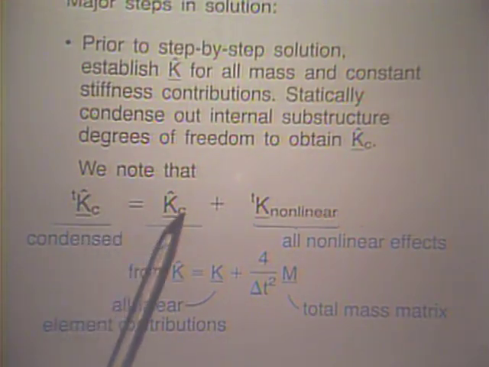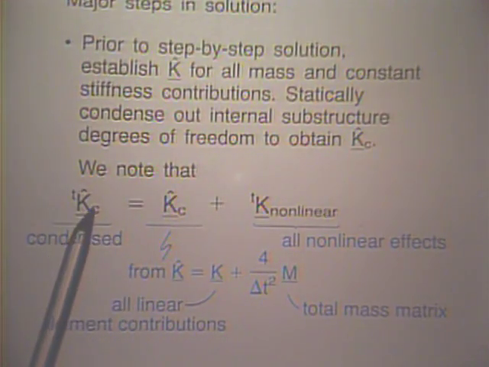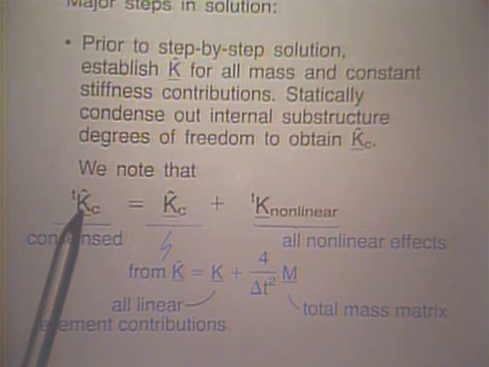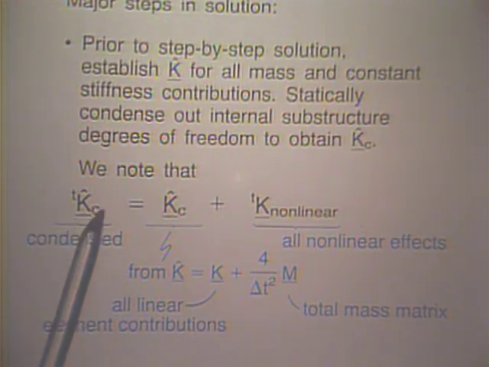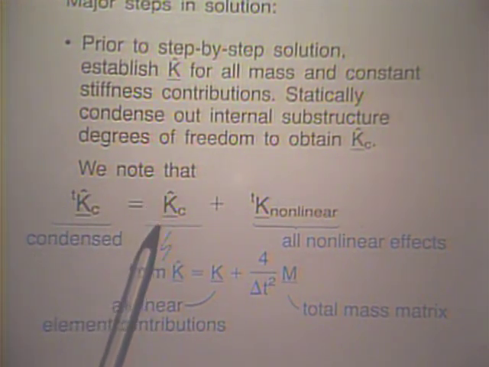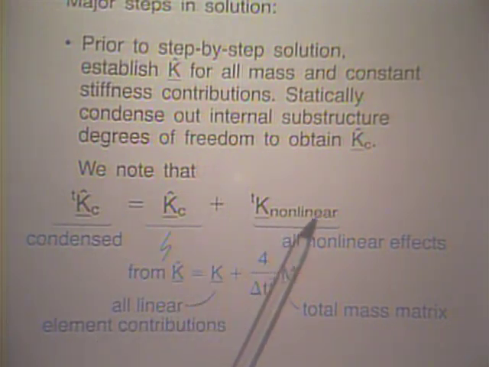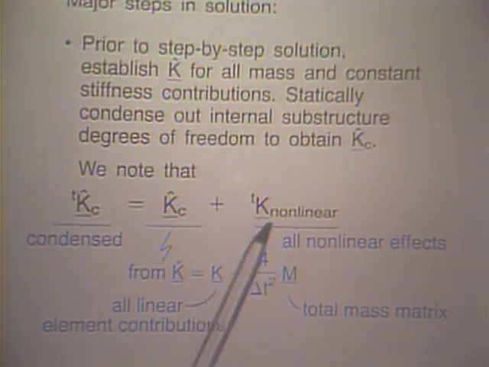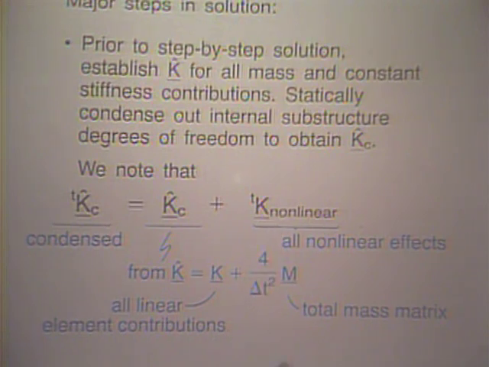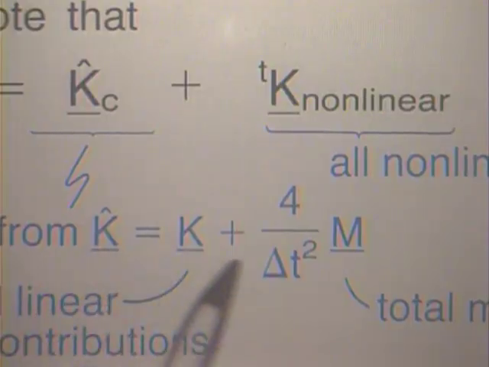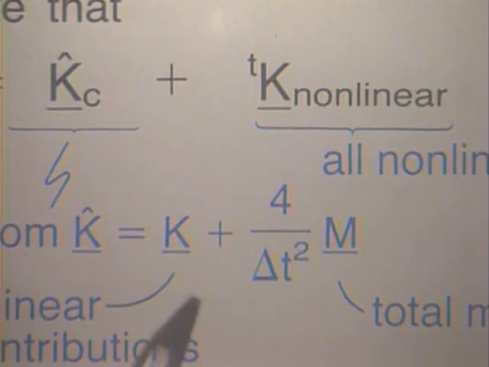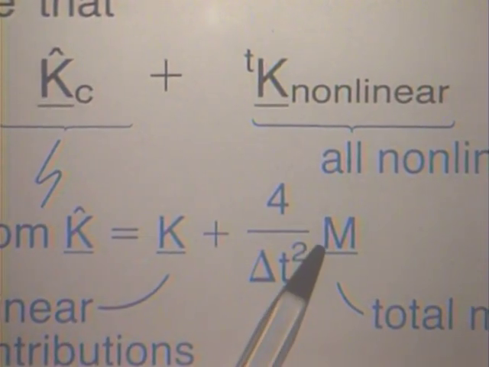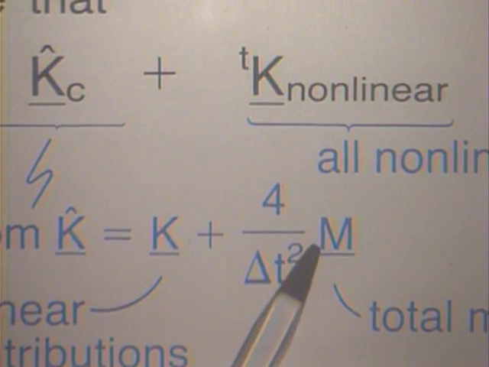We note that the actual effective stiffness matrix, including the nonlinear effects, is then obtained by taking the linear effective stiffness matrix and adding the nonlinear stiffness effects to it. Notice once again, this matrix is obtained from this matrix here, as I mentioned earlier. We use this matrix to statically condense out all the linear degrees of freedom.